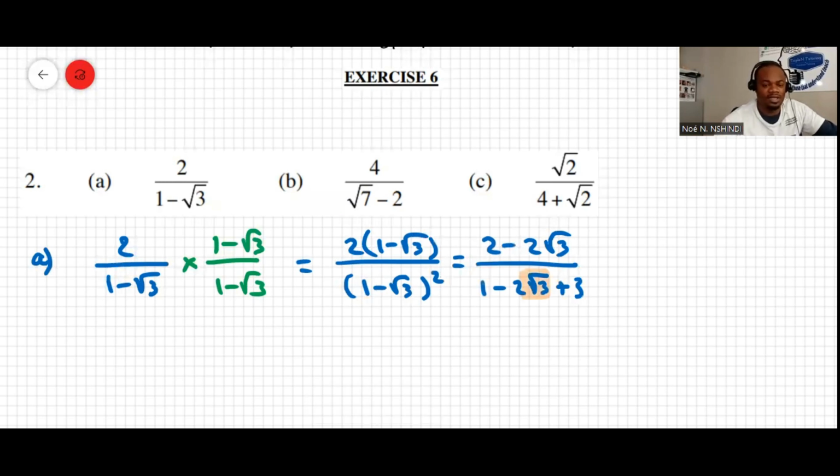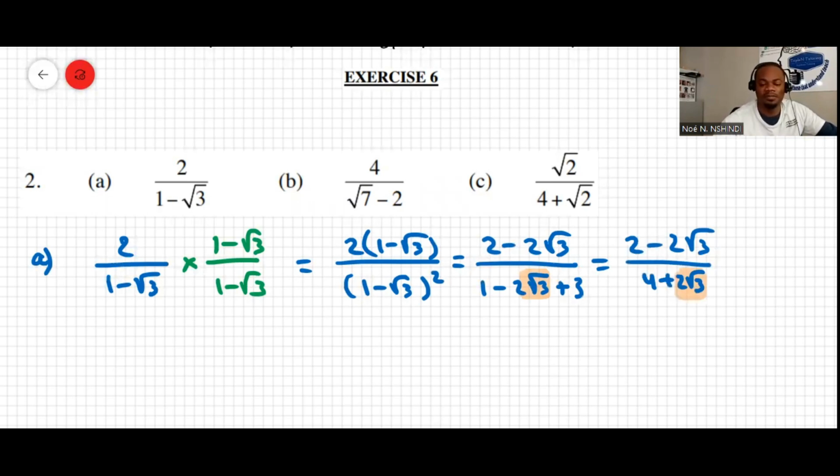And then notice we still have a root here. It is not really simplified. Even if I continue, I get 2 root 3 there, and over it's going to be 1 plus 3 makes 4, 4 plus 2 root 3. So we still have this.